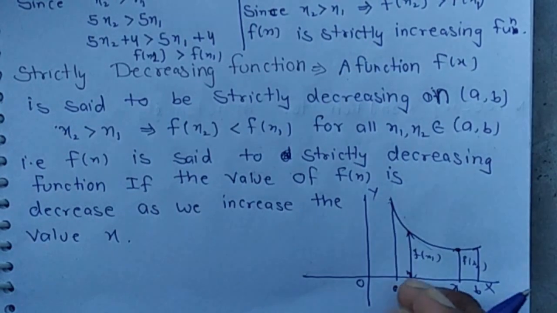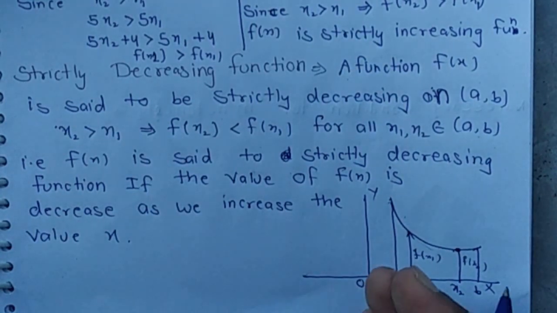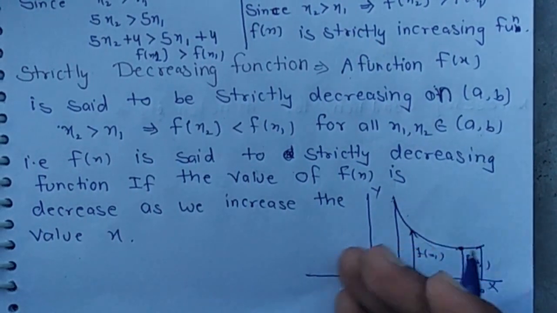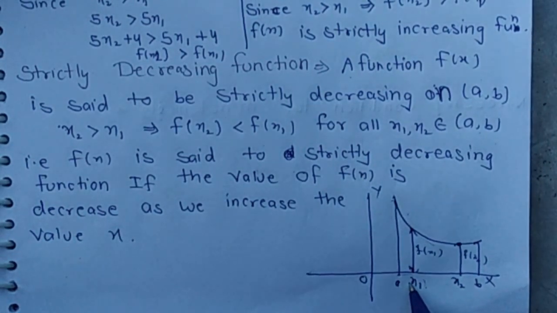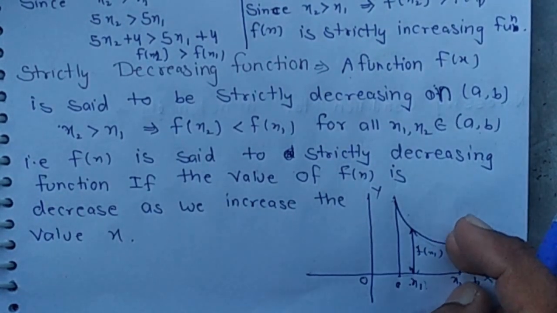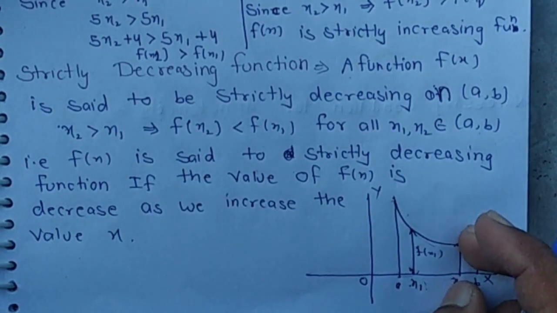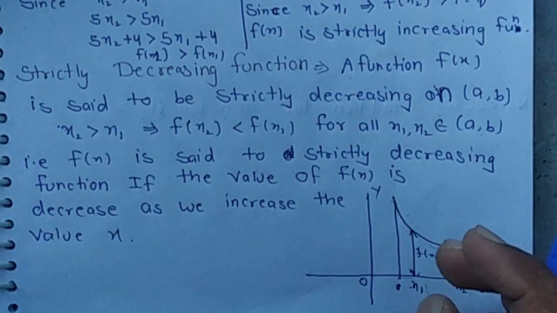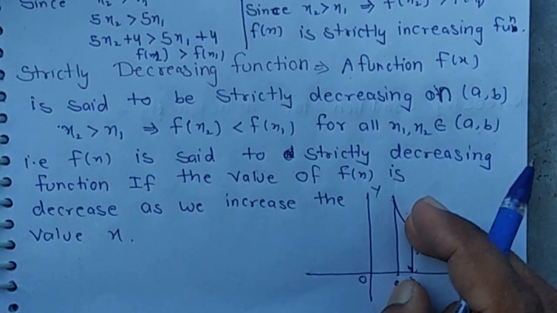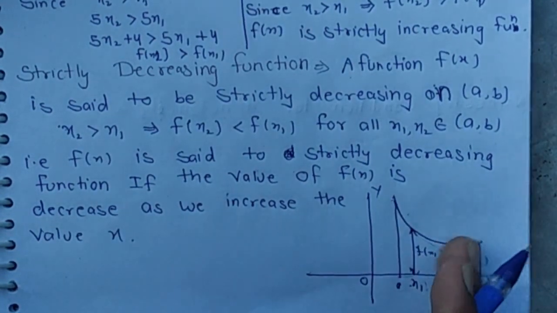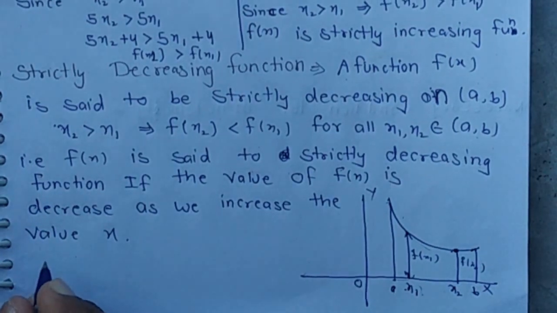Since x2 is greater than x1, because we move to the right side of the x-axis, we see that f(x2), the value of the function at x2, is less than the value of the function at x1. Then this function is called a decreasing function.